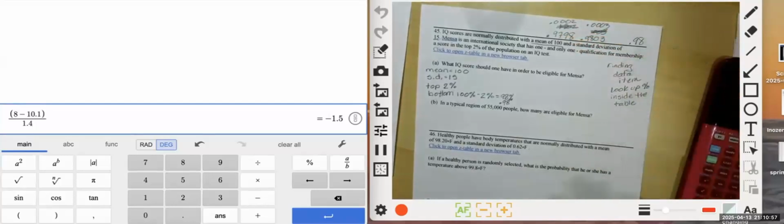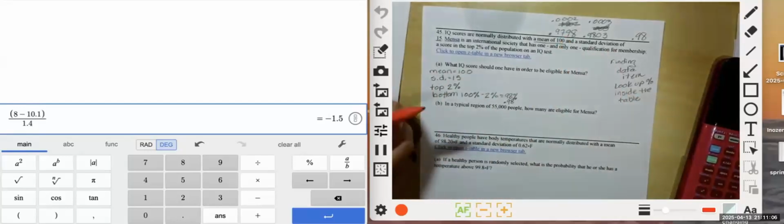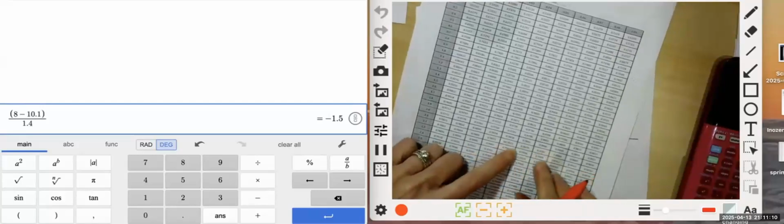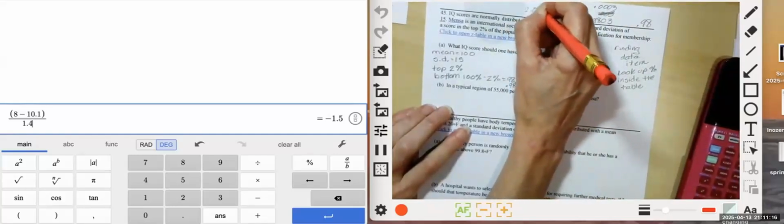I was just trying to make us see why. So 0.9798. And what one is that? 2.05. Oh, thank you. Okay, so 2.05.